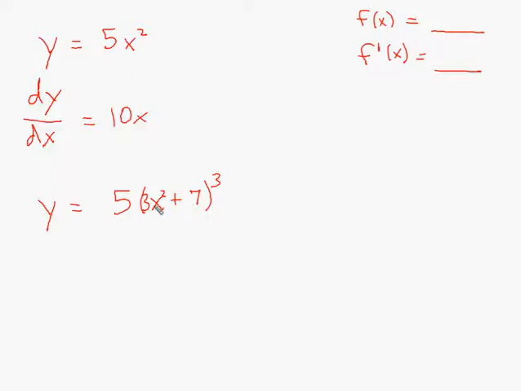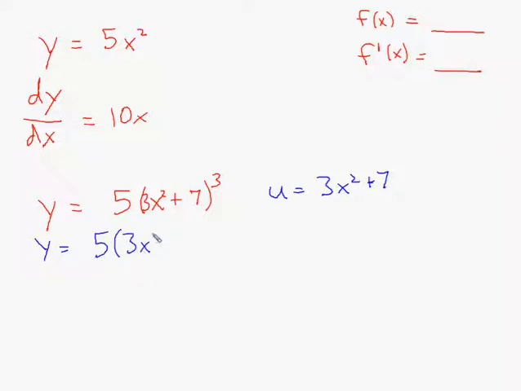Okay? And now, when I go to take my derivative, I'm not taking it with respect to x anymore. So dy dx is going to equal dy du times du dx. Well, what does this mean? And probably we won't have time to go over it.